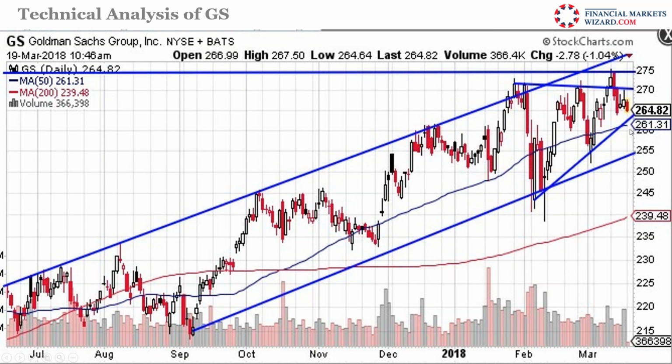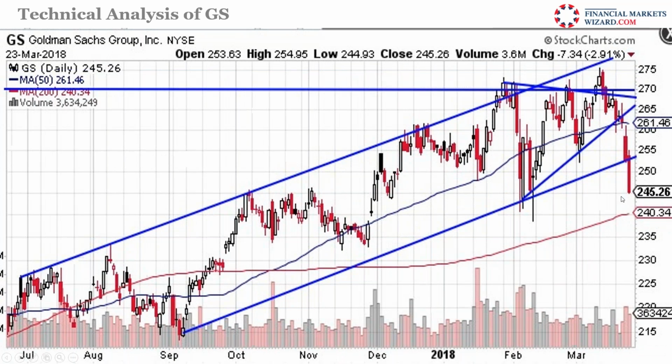Who knows? It might hold the 50-day, but it did not. It just crashed through. Again, you see this gap down below the 50-day moving average, then boom. If you could catch this move below the 50-day, you could have caught this move. So 240 is the target, easy. And 240 right here coincides with this low of the hammer.